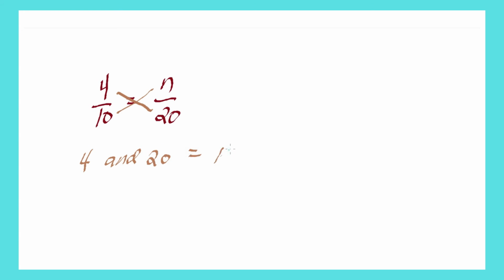You are going to get the product of the pair which doesn't have any unknown value. So in this case, the complete pair is 4 and 20 because it doesn't have any letter. So 4 and 20 will become 80.